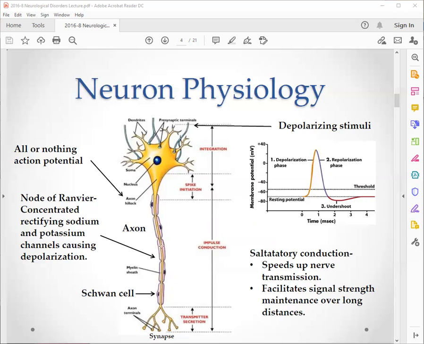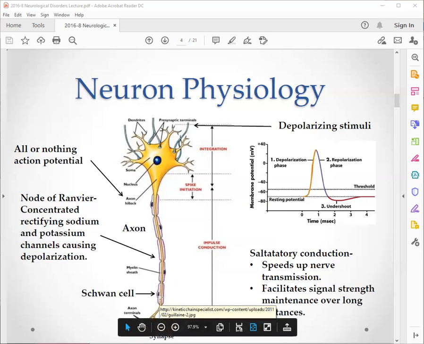And what that does, again, is enhance the signal propagation down this long axon. You could think of it as being equivalent to a transformer in a long power line, bumping up the signal. Anyways, once that signal reaches the termini of this neuron, this neuron then becomes the presynaptic neuron and releases neurotransmitters into the synaptic cleft and ultimately depolarizes the next neuron, or initiates contraction in the neuromuscular junction.